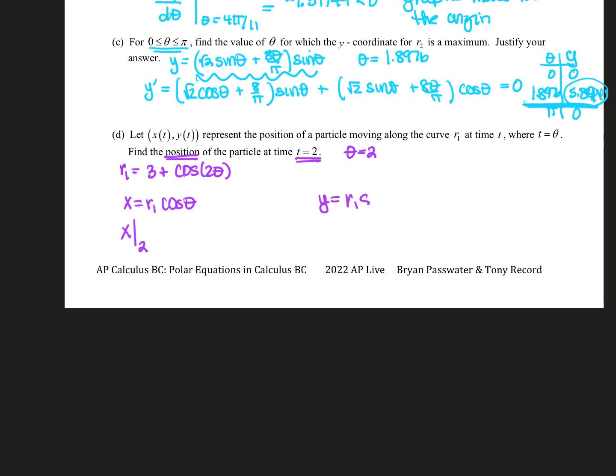Y is equal to r1 sine theta. So just plugging that in, you're going to get the x value is negative 0.97642, and then the y value is 2.13353. And again, just make sure you're in radian mode.